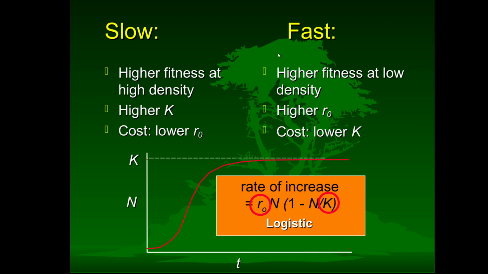And the reverse occurs in slow species. Evolution of greater competitive ability at high density takes more time. So we would predict the generation time would be higher in slow species than in fast species, higher in K-selected than in R-selected species.